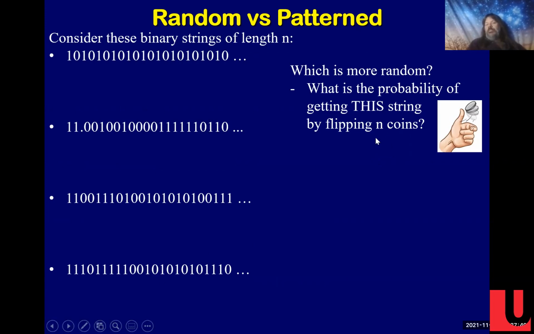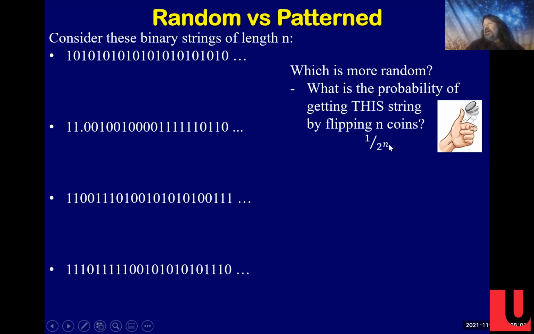Well, to get this string, there's a 50% chance that I get a heads the first time, and then 50% that I get a tail, then 50% I get a head, and 50% I get a tail. So that's 2 times 2. The probability I get exactly this string is 1/2 to the n.